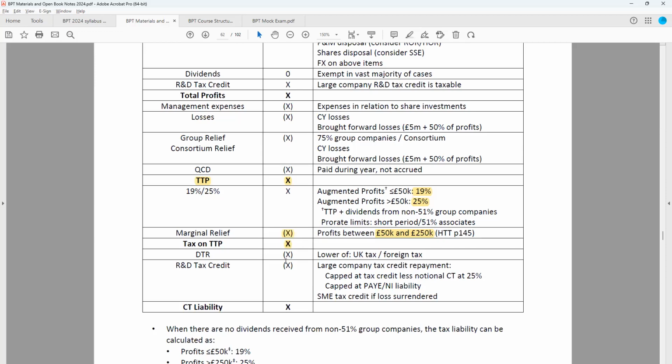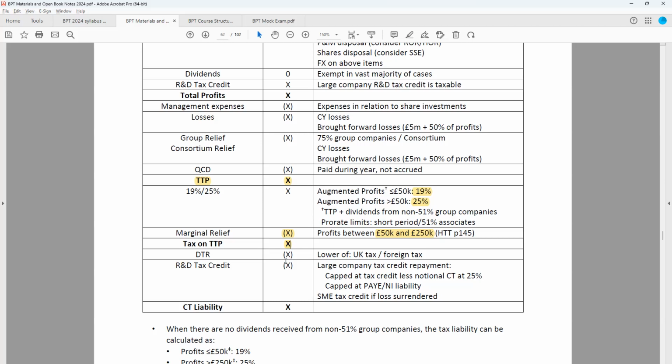So as I've said, this is covered in detail at TC for exams in 2024 in terms of the computational aspects of marginal relief. And like I said, it isn't strictly new to BPT because it has been in there for a few years. So very detailed calculations of marginal relief probably aren't going to be examined in BPT.